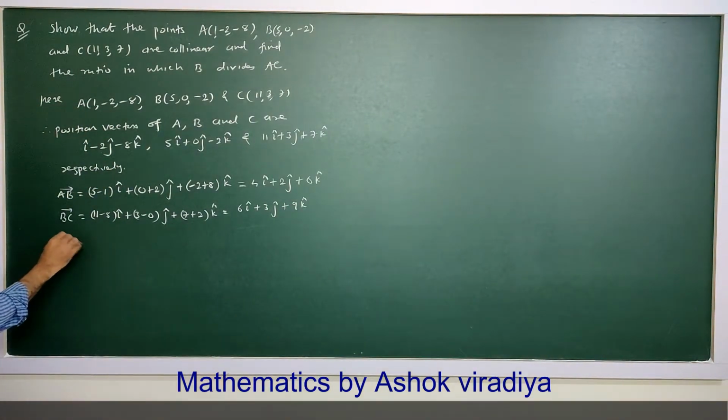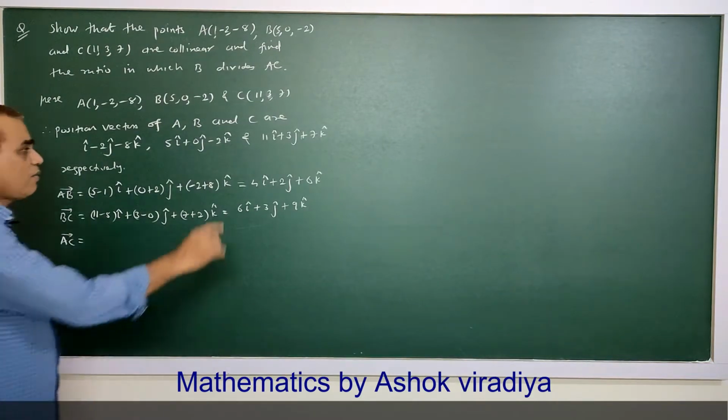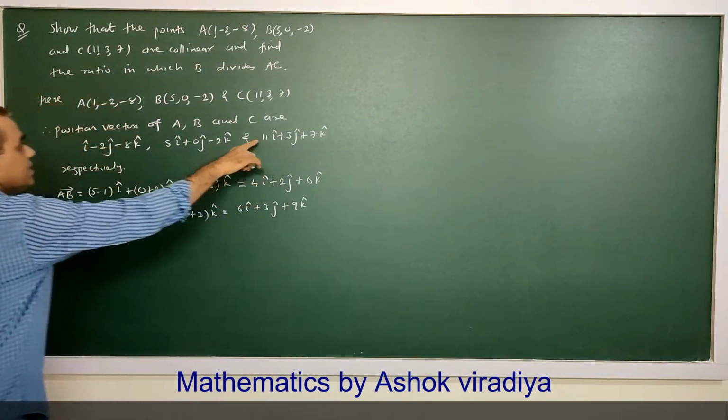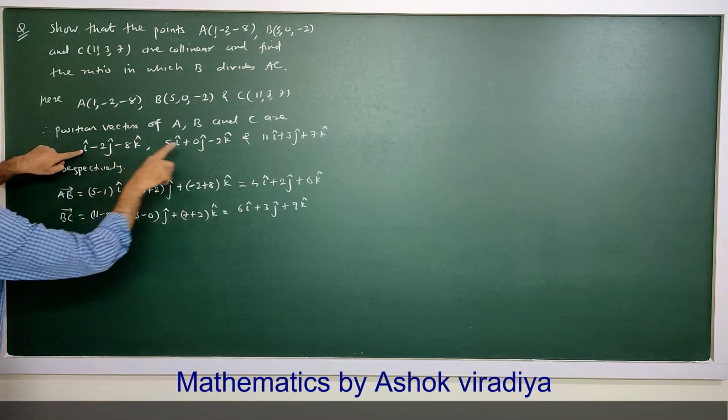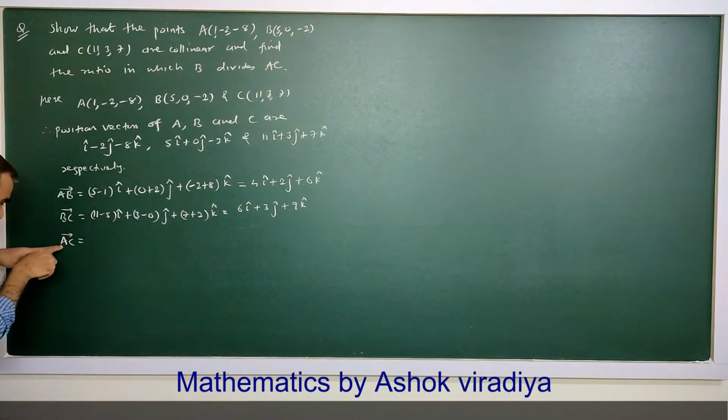Then the third vector, vector AC. Vector AC is C minus A, terminal point minus initial point.